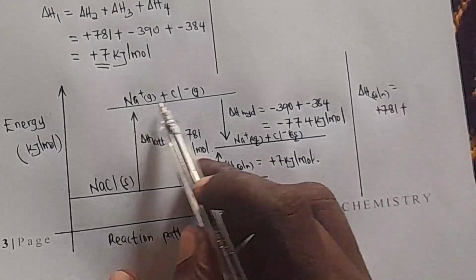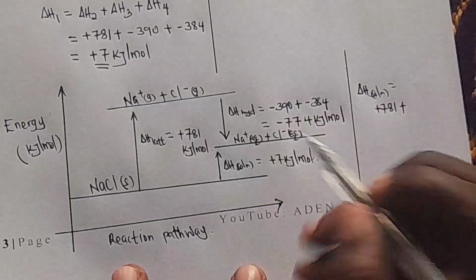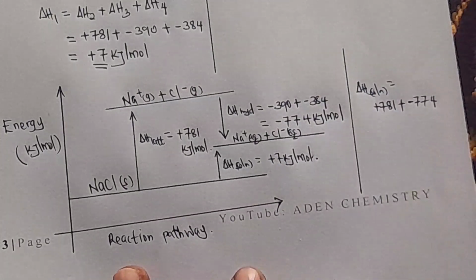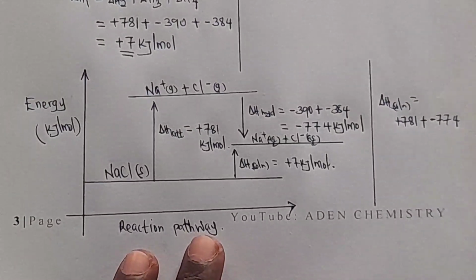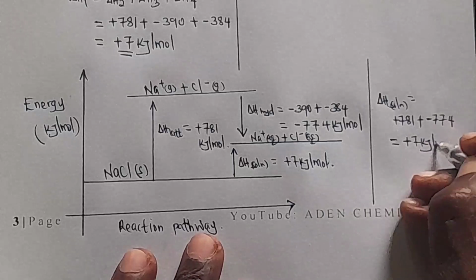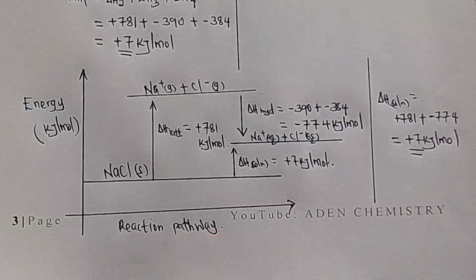Then you add this other route that comes up there, that of hydration energy, which is negative 774. If you sum this up, you still get positive 7 kilojoules per mole, which we have written here. That's the end of our lesson.